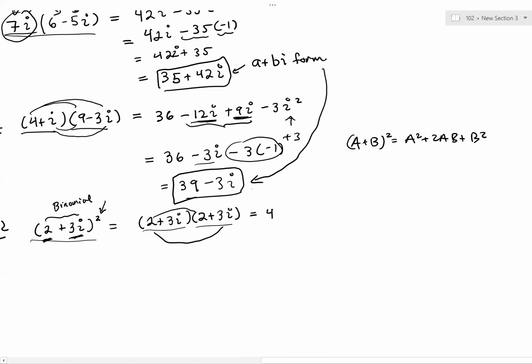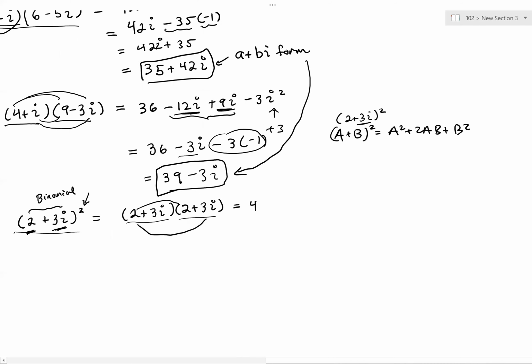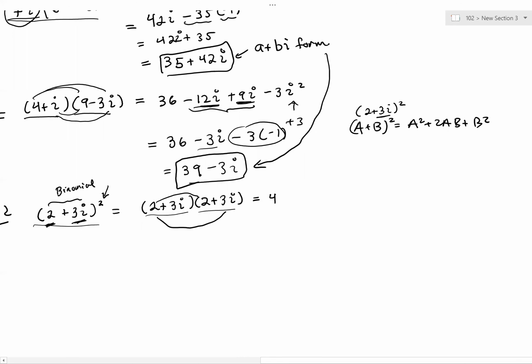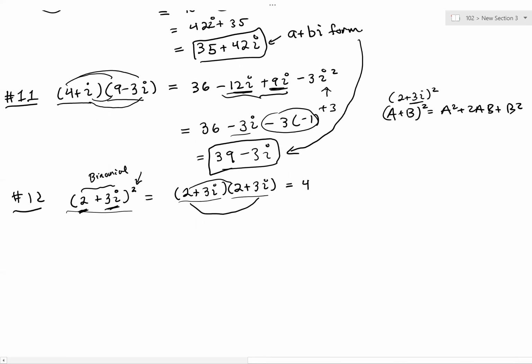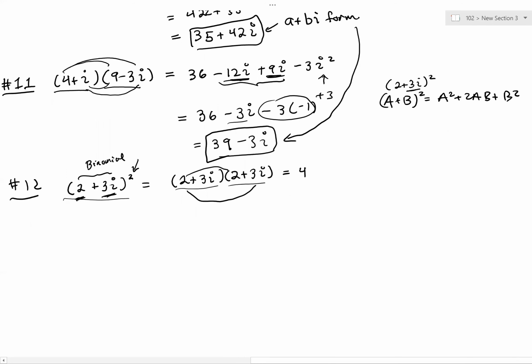You can use this for 2 plus 3i squared, where a is taking the role of 2 and b is taking the role of 3i. I think with complex numbers, showing those in between steps is going to be beneficial rather than just applying a formula. But you're free to use it if you like. In fact, try to use it and make sure you get the same answer. I think that's a good exercise.